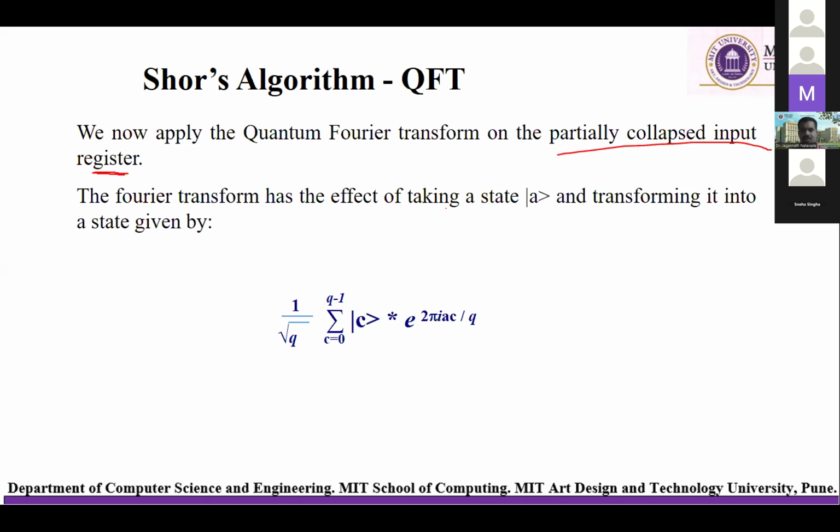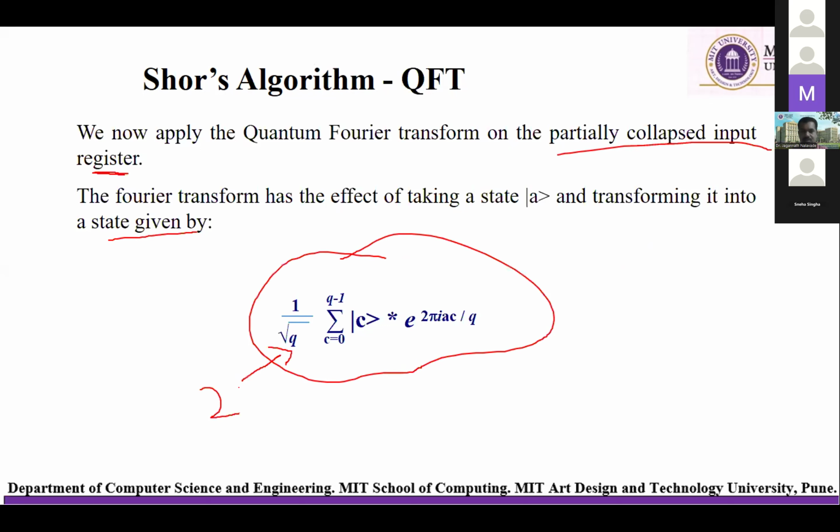has the effect of taking the state |a⟩, transforming it into the state given by this formula. Here Q is 256, which we calculated initially. Then C is nothing but our collapsed output register value.